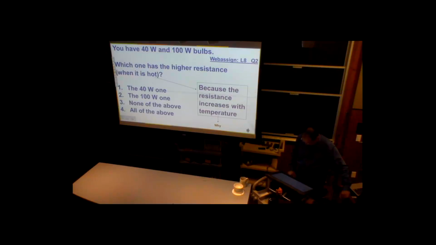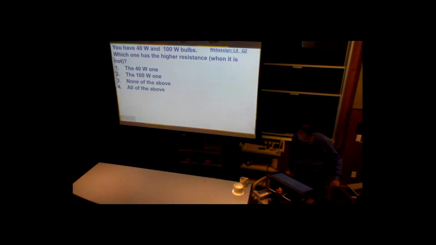Well, the answer, of course, is in the bulb. So again, if we read it, it says, let's say 100 watt. What's 120 volts? So there's a filament right here, and power is related to voltage and resistance.